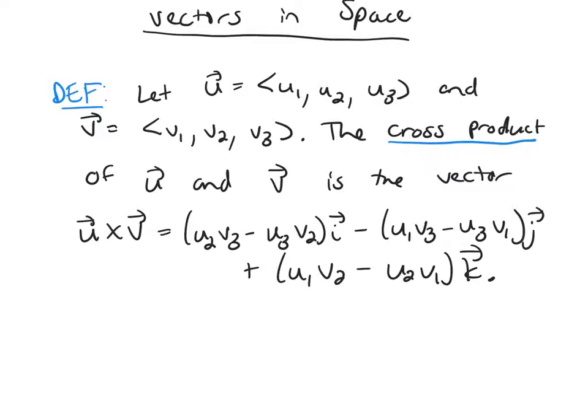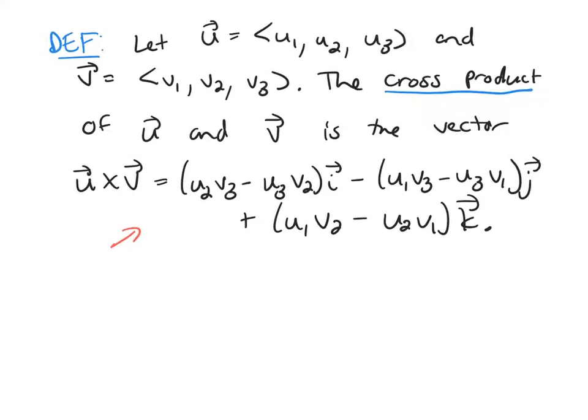Now, this really long formula is kind of hard to remember, so I want to give you another way of thinking about the cross product, through something called the determinant form. If you're familiar with the determinant of a 3x3 matrix, that's exactly what we're going to do here.